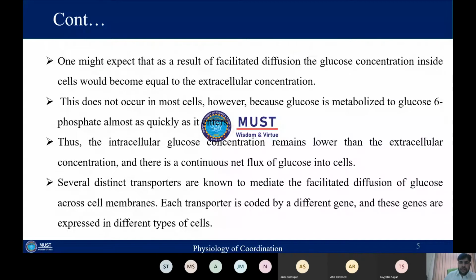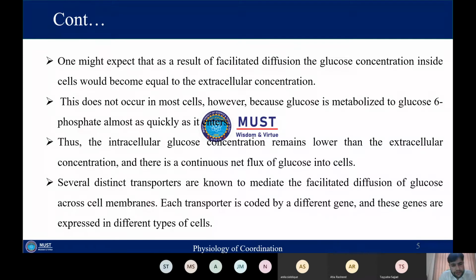So as a result of facilitated diffusion, if we talk about the glucose concentration, apparently it seems that there should be equal concentration of glucose on the two sides of the membrane. But as we discussed in the very first lecture, the solute is normally present at a very high concentration on the extracellular side.